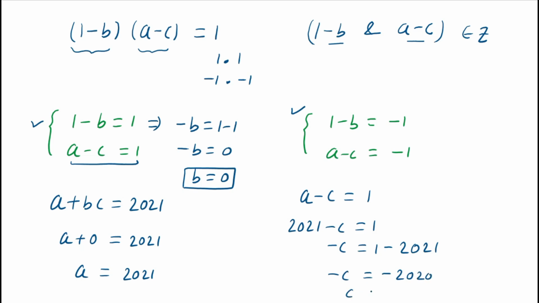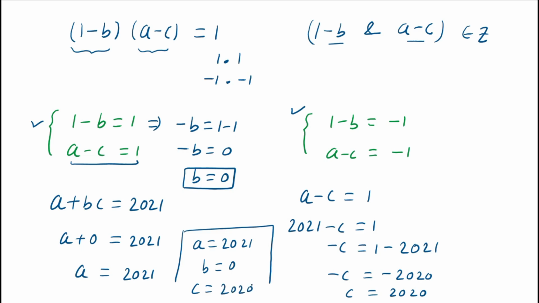Then the value of c is 2020. So in this case, the value of a is 2021, the value of b is 0, and the value of c is 2020.